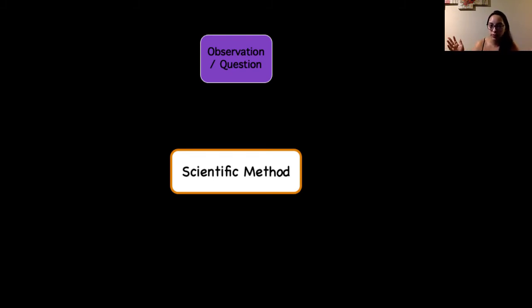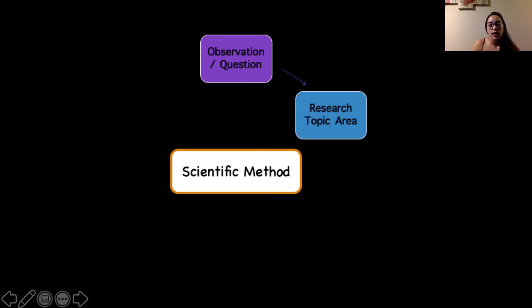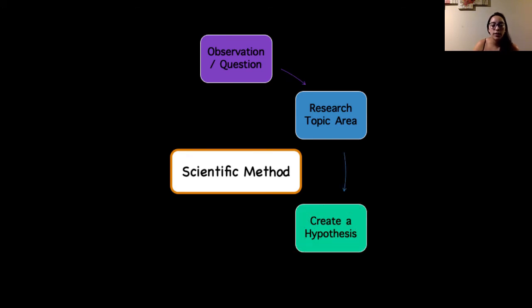It could be kind of on the random side and more of an original research question. But through observations, you usually create research questions, and those questions lie within a research topic area that you can then use literature from to help create your hypotheses on what you think will occur.